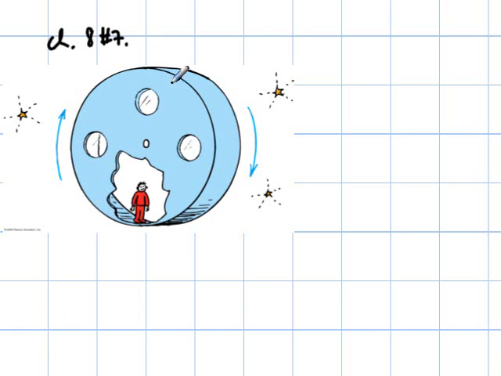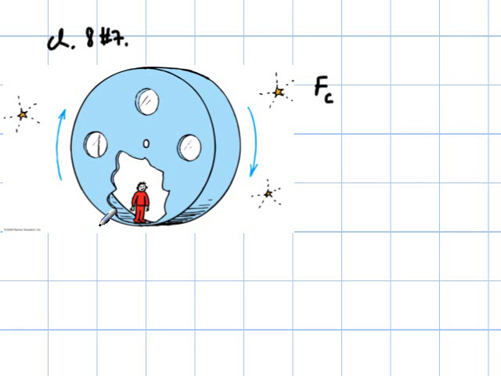So here we have a centripetal force, which, by the way, is the support force of the side of this rotating space station. What keeps him from falling towards the middle is his own inertia, as he is attached to the floor and rotating.